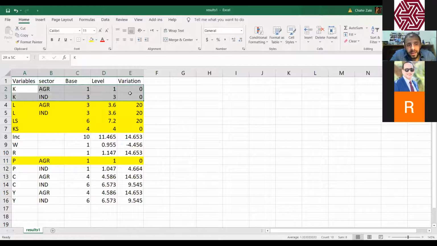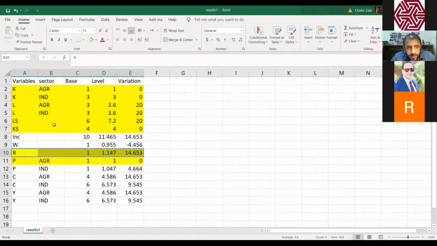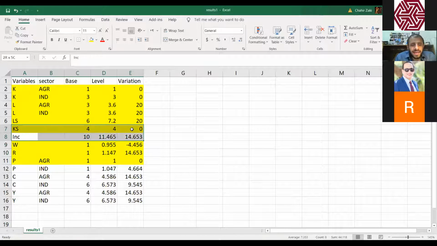So capital demand cannot increase, given that by assumption capital didn't increase. But in theory we're demanding more capital because we want to produce more. That's why the capital rent will increase by 14%. With the increase in labor supply, wages will decrease by 4%. So combining the rent effect with the wage effect, we get an increase in income by 14.6%.